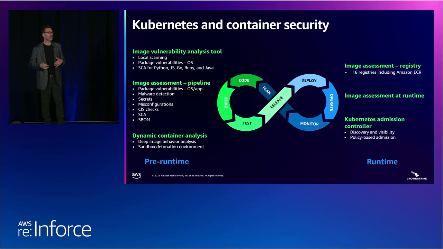And then finally, we have a Kubernetes admission controller, and we'll look at that in a second, where you're able to create policies about whether to alert or whether to prevent the deployment of particular vulnerable containers.